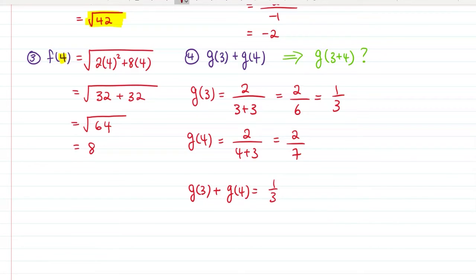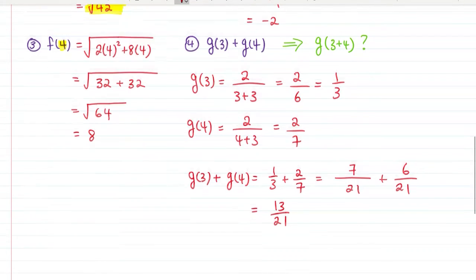1 over 3 plus 2 over 7. If you're using the common denominator, which is 21, that will be 7 and 6, so that will be 13 over 21. So that's what we got.